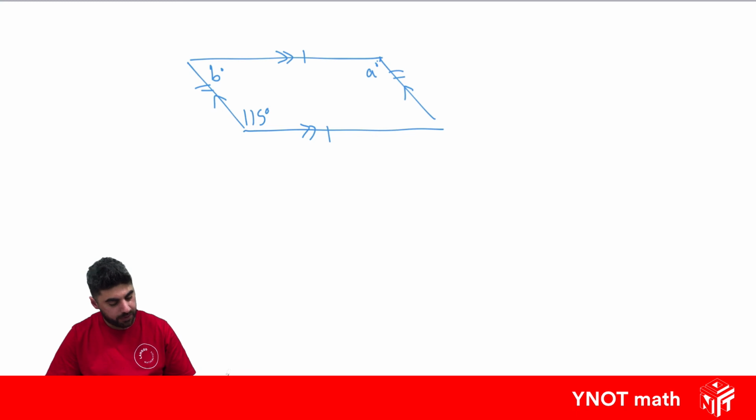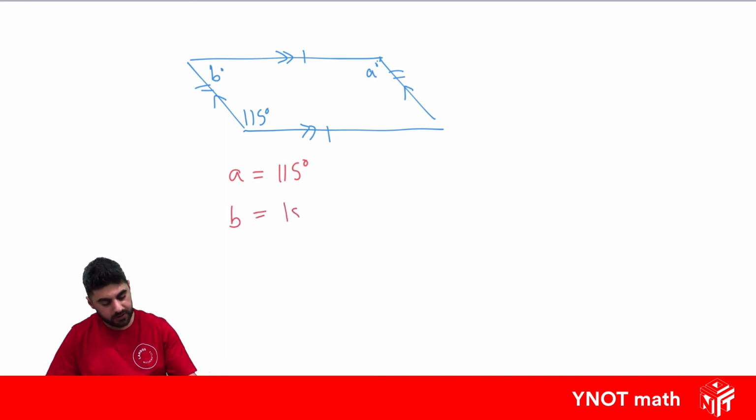Well, in a parallelogram, opposite angles are equal. So we know A equals 115 degrees because our opposite angles are equal. And we also know in between two parallel lines we have co-interior angles and they have to add up to 180.